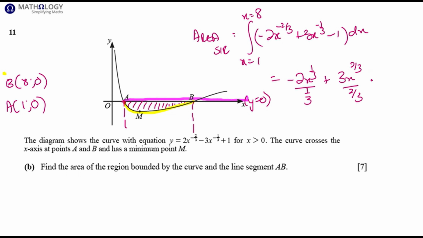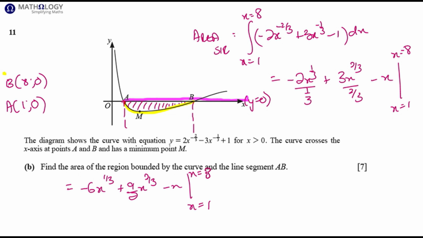And then the integral of minus 1 is minus x, and this is all evaluated between x equals 1 and x equals 8. So that equals minus 2 divided by a third, which is minus 2 times 3, so minus 6 x to the third. 3 divided by 2/3 is 3 times 3 over 2, so that's 9 over 2 x to the 2/3, minus x, all evaluated between x equals 1 and x equals 8.